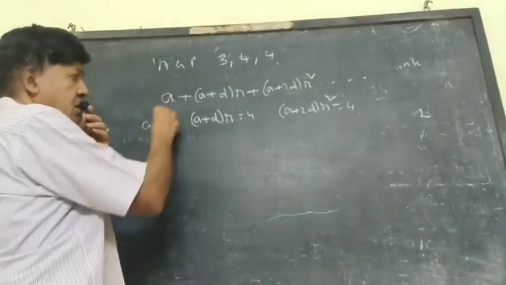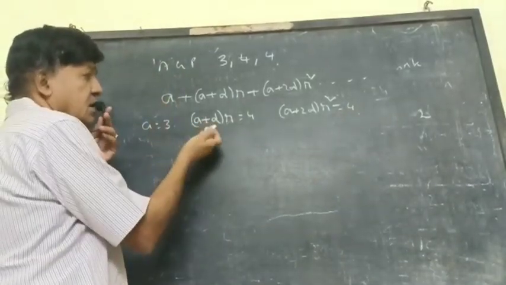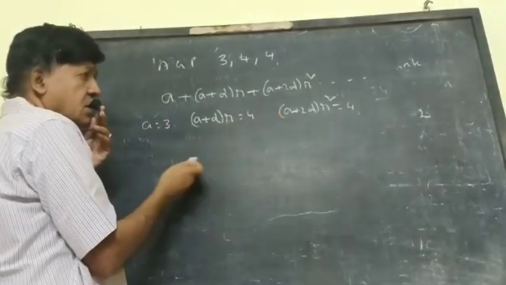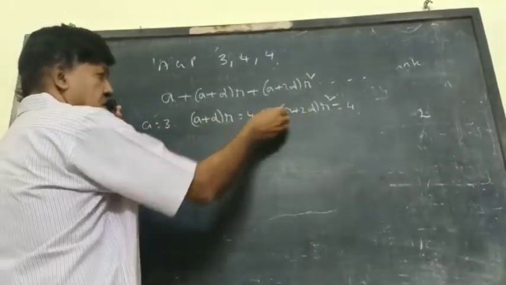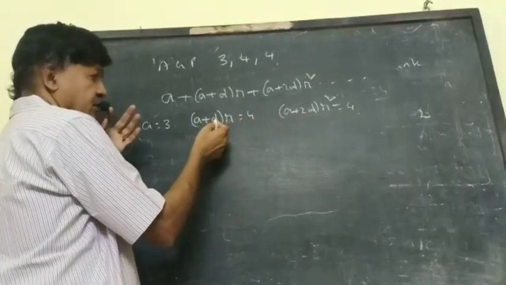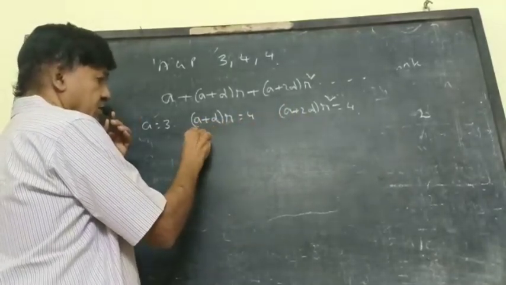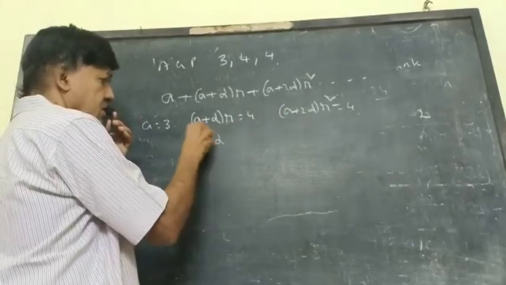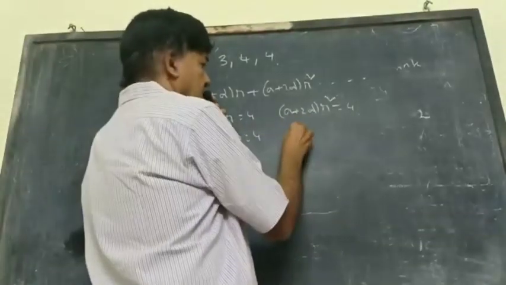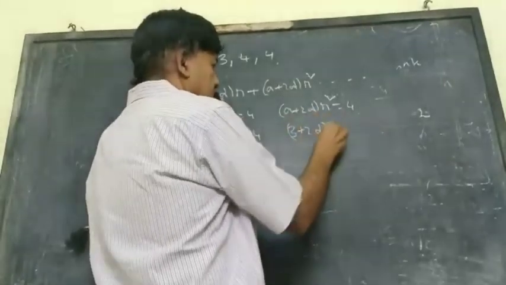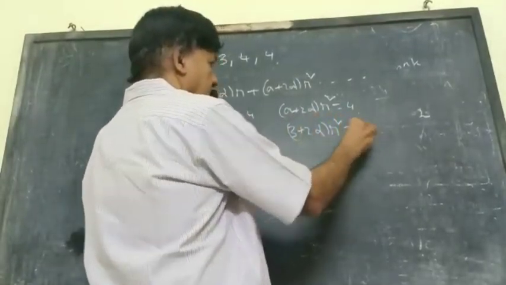So you can get A value already. You can calculate D and R values using these two. So you do one thing. A value substitute. 3 plus D into R is equal to 4. 3 plus 2D into R square is equal to 4.